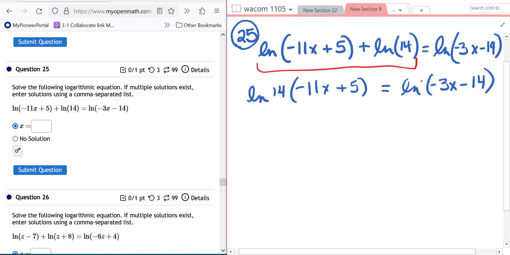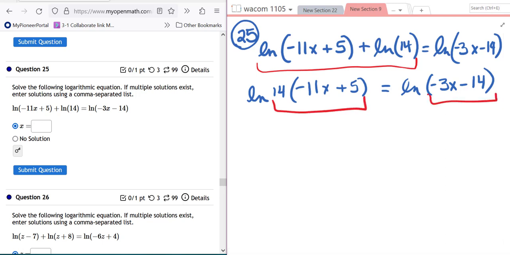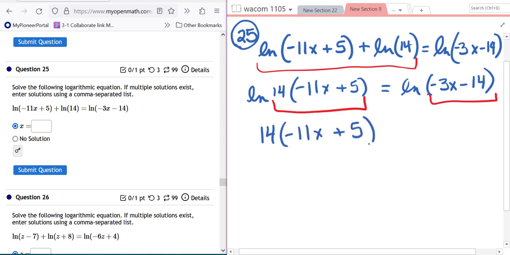Kind of like when we were getting the same base in the other part. So this will equal this, and we can drop the logs. So 14 times negative 11x plus 5 equals negative 3x minus 14. And we solve. This one looks like it will be a linear equation.